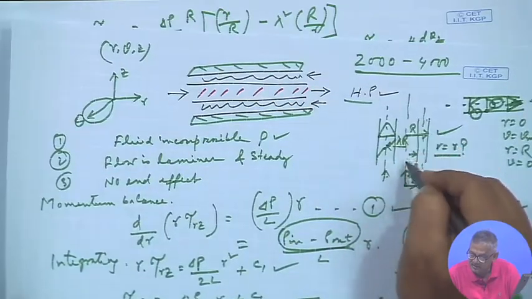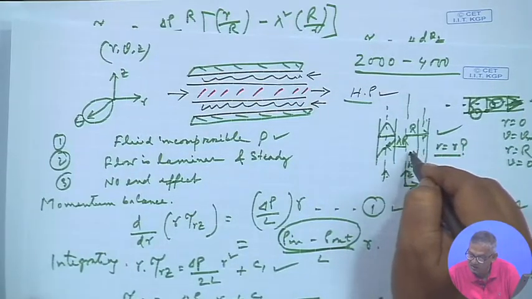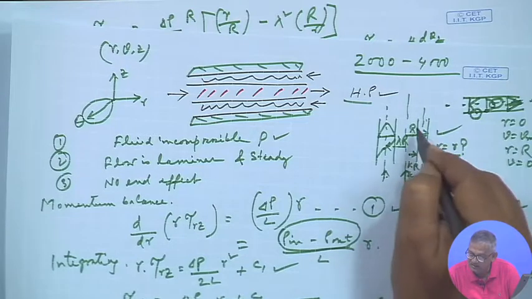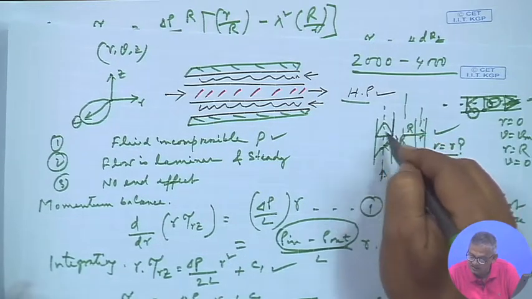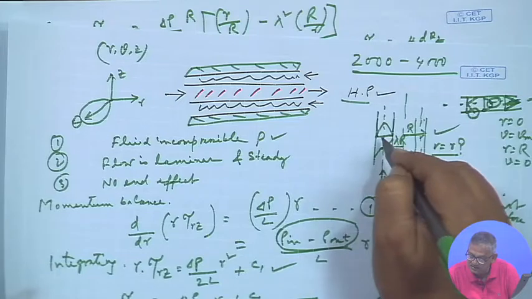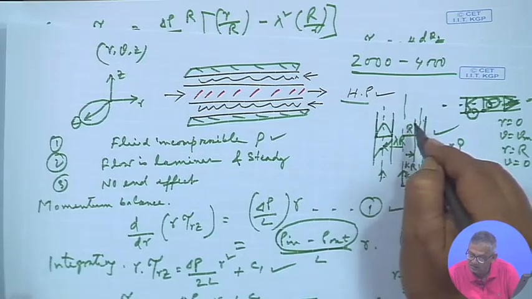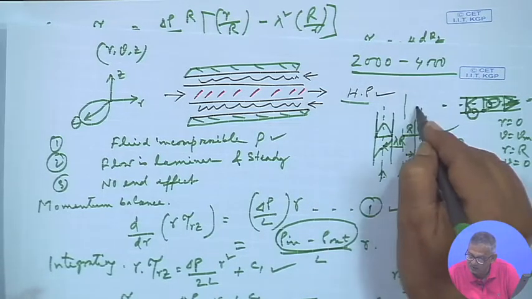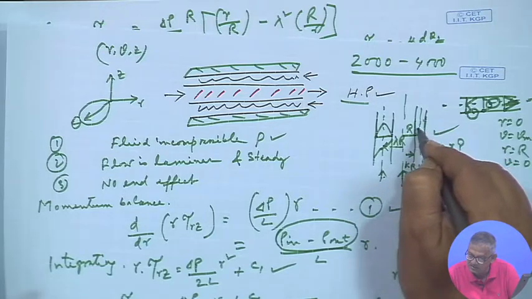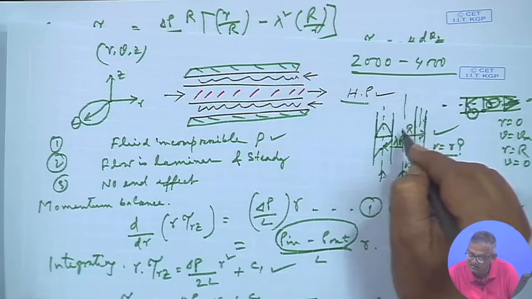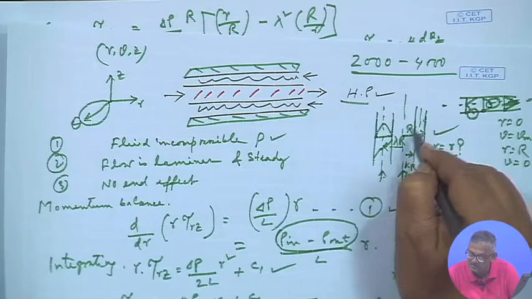If you remember, we had this at r equals R and r equals kR, because those are the solid surfaces, where our fluid is clinging and this Vz becomes equal to 0.